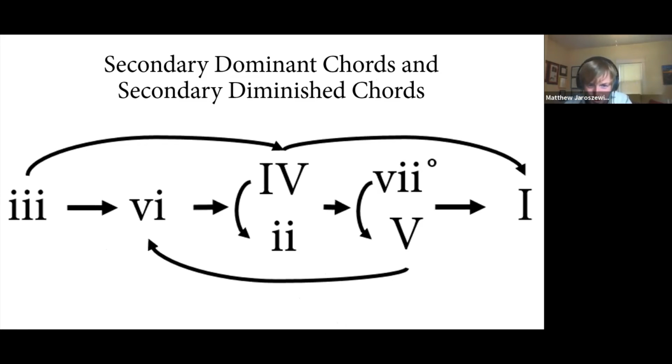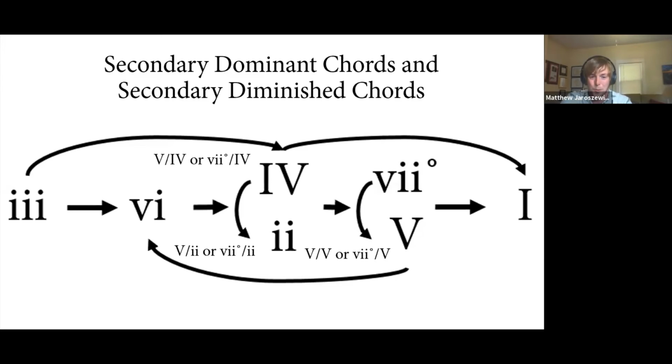So, basic flow chart, once again on the screen. This is how the secondary dominants fit in. We have our actual dominant, 5 going to 1. Working backwards from that, we can have 5 of 5 or 5/7 of 5. We can have 5 of 2 or 7 diminished of 2.